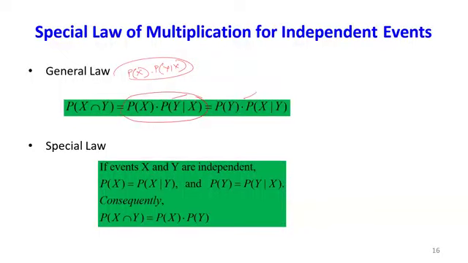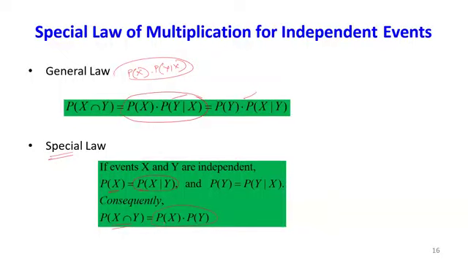So for that you have to calculate the conditional probability. If these two events are independent and they can occur together, those we call a special case. In that case, conditional probability will be equal to marginal probability, as we have just discussed. So P(x intersection y) would be the product of these marginal probabilities.